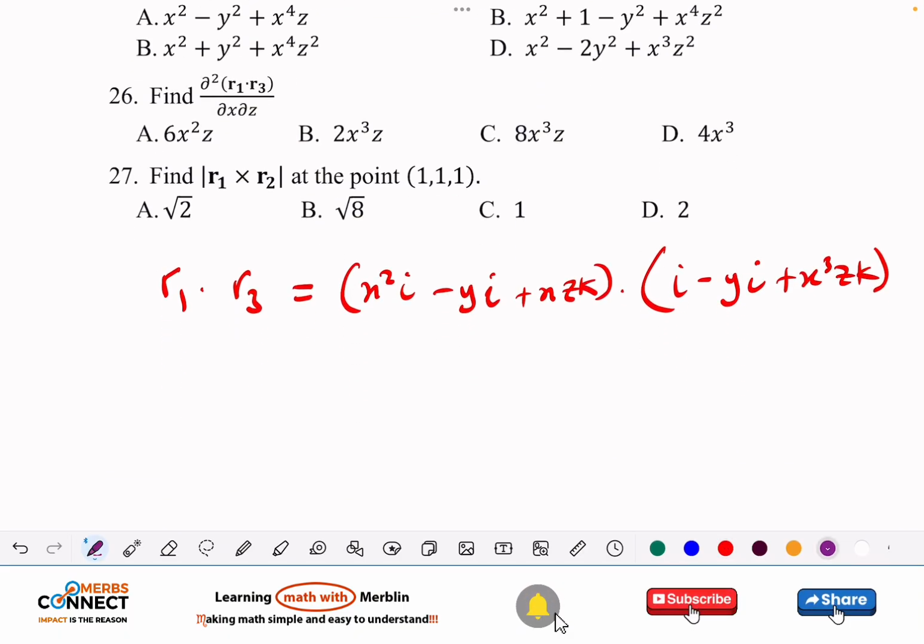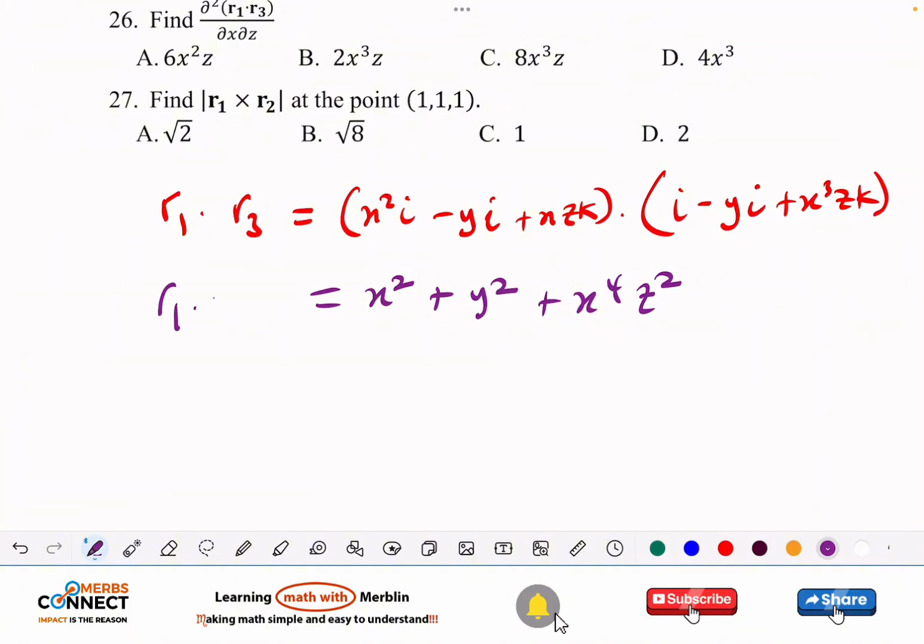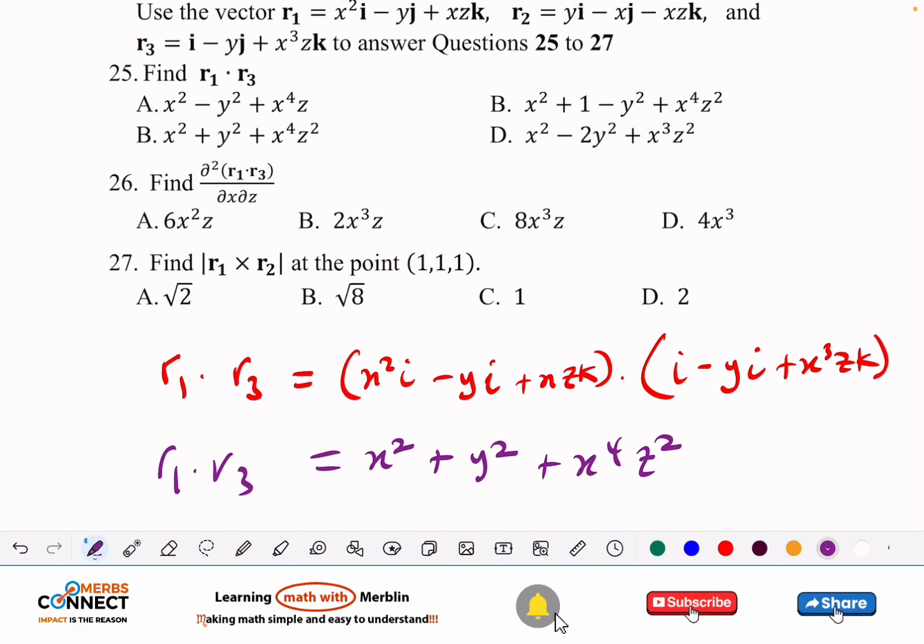So direction by direction is going to give us x squared plus y squared plus x to the power 4 z squared. So this is what you are going to get, r1 dot r3. We have there, x squared plus y squared plus, so I think this one is supposed to be C.